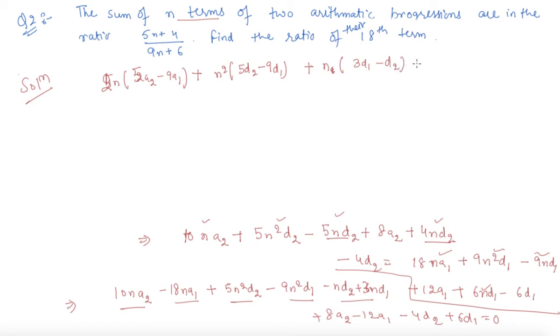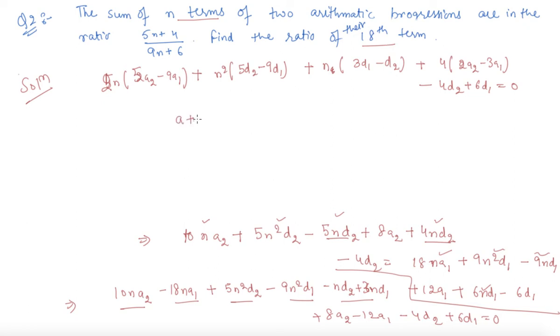Plus 4 common, 2a2 minus 3a1, and minus 4d2 plus 6d1 equals 0. After solving this, students, we get a relation between a1 and d1. Now what we have to find is the ratio of their 18th terms.